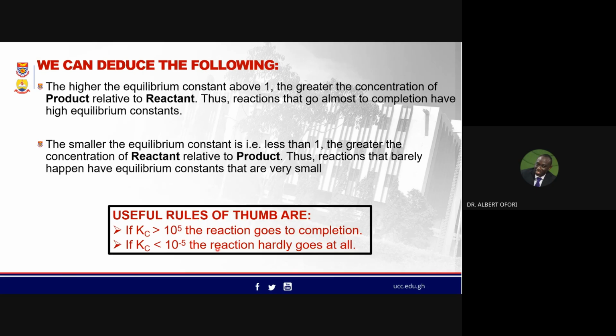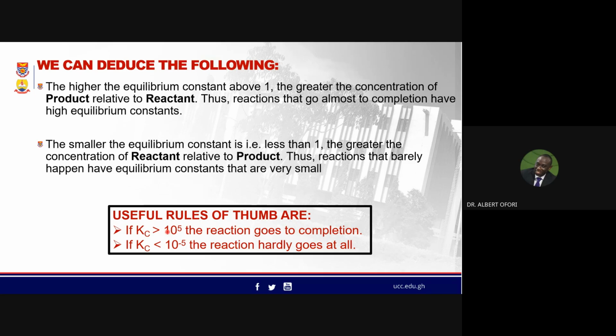So if the Kc is lower, I mean 10 to the power minus 5 is lower than 1, the reaction is hardly going to go at all because it's favoring the reactant. And again, if you remember, I said that in a chemical equilibrium there's no complete reactant and no complete product. So if the Kc is lower than 1, it's going to be hard for the reaction to proceed to the product. It's favoring the reactant.